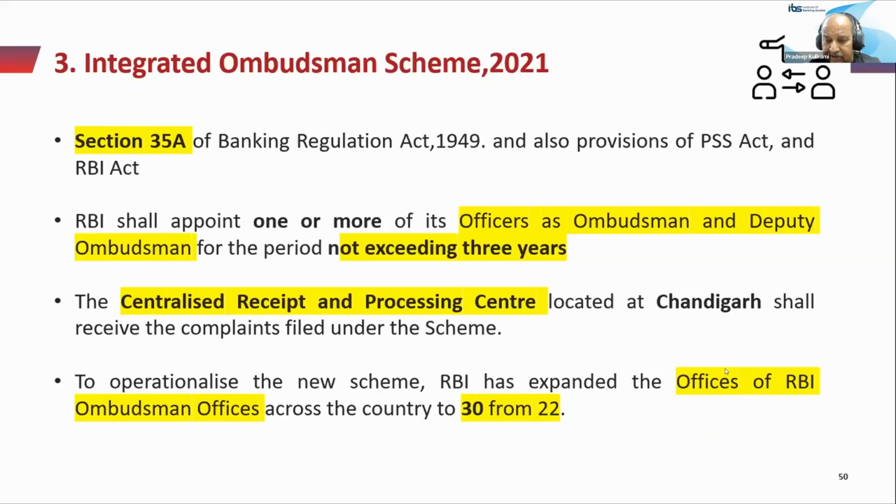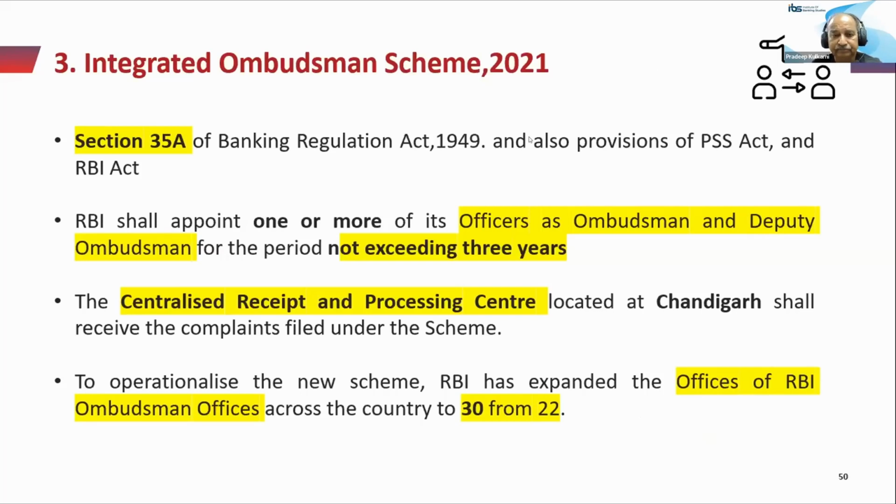And these 30 are not ombudsmans. These are only offices of RBI Ombudsman. Ombudsman is only one. Then under him, there is a deputy ombudsman. And these two people are of high rank authority, CGM and above rank in the Reserve Bank of India, who are posted.